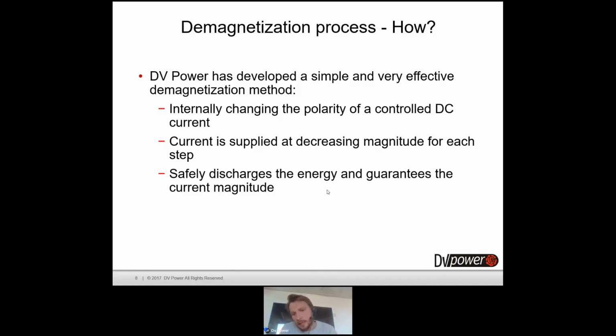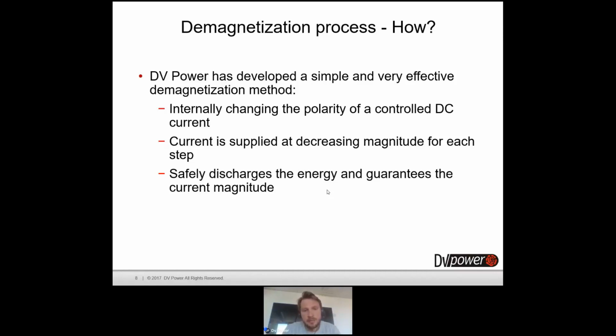So we use 60 volts DC for the process, and we have successfully performed it for all kinds of transformers in the world, from very small transformers of a few kilowatts up to more than a thousand MVA transformers.